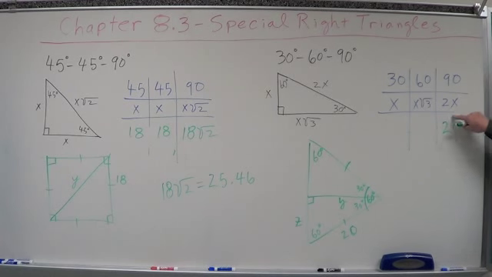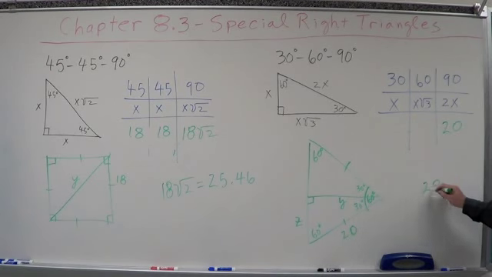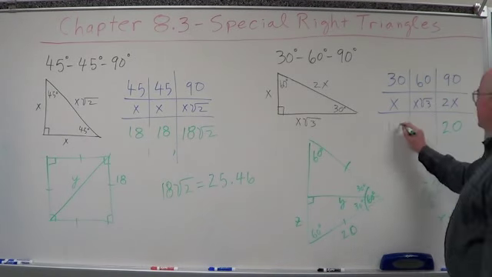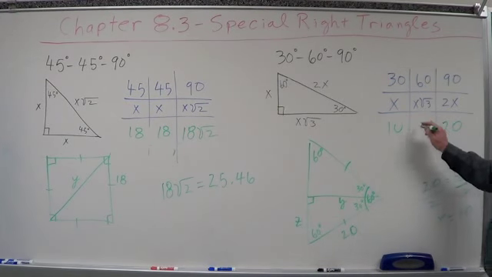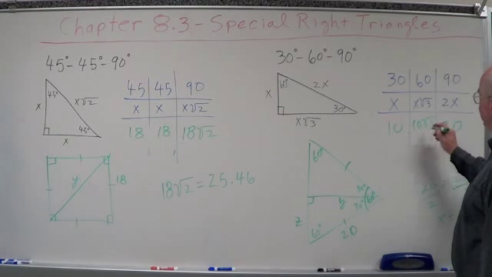Now, how do I get this 20 over here? What do I do to this 20 to make it x? Well, 20 equals 2x, divided by 2, x equals 10. What do I do to here? 10 times the square root of 3.